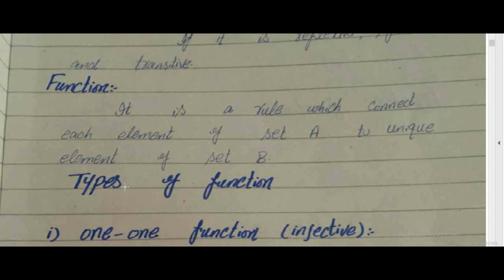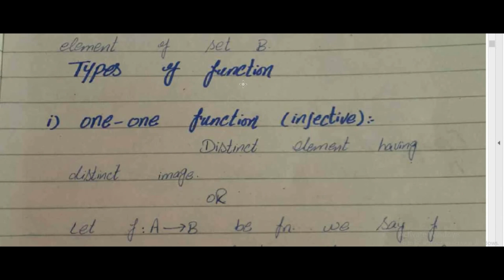This connection is called a function if it satisfies two properties. What are the two properties? Each point of set A should be connected to some point of B, and the connection should be unique between the two sets. Then we say that this connection is called a function. Okay, next we have types of functions.